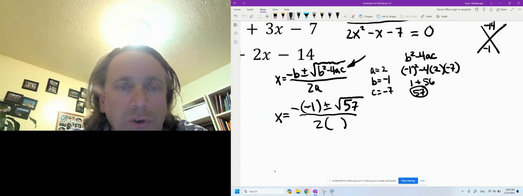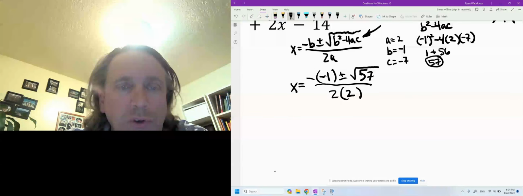And then my a value is 2, so I put 2 here. Now I want to evaluate this. The negative of -1 is a positive 1, so I've got 1 plus. I'm going to go ahead and separate this into 2 values. This is 1 plus the square root of 57 over 2 times 2, which is 4.